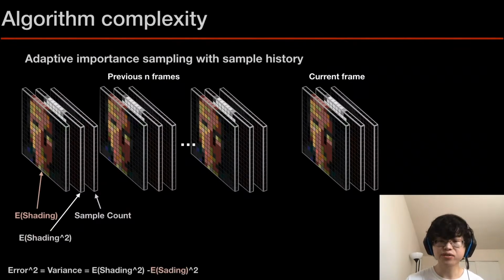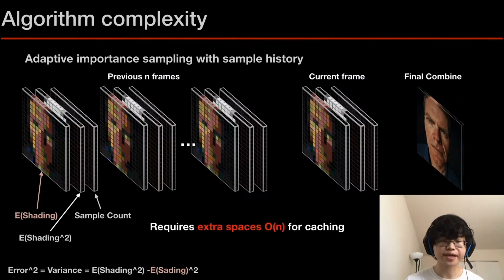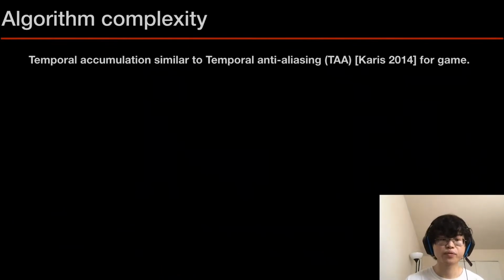With these 3 channels, we can estimate the error, and finally do a combination of all history to get the final rendering. However, it requires extreme space for caching and extreme time to estimate samples. To resolve this issue, we use temporal accumulation, similar to temporal anti-aliasing (TAA) for games.